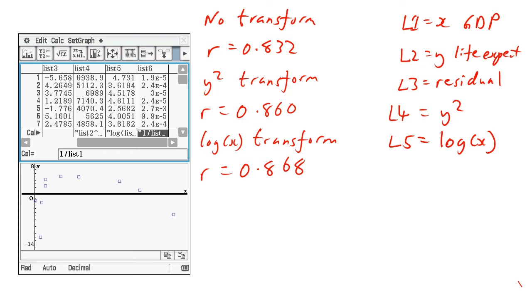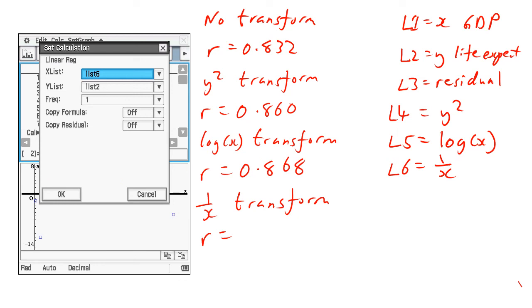Let's do that final third transform. Clicking the bottom of list 6, cal appears here. We're doing inverse x, which is 1 over list 1. So list 6 equals 1 over x. So for the inverse x transform, r equals list 6 versus list 2.